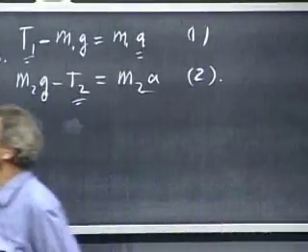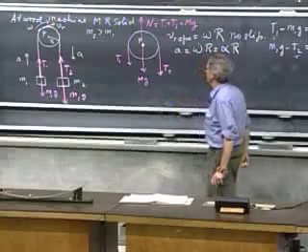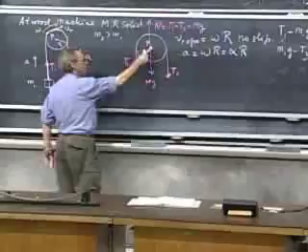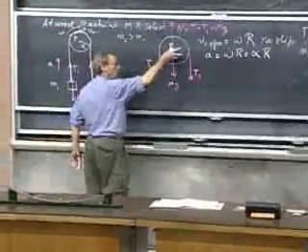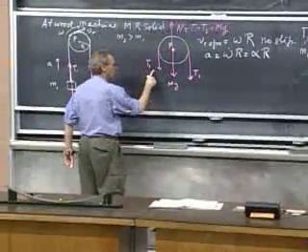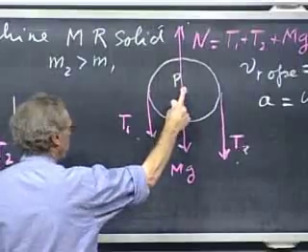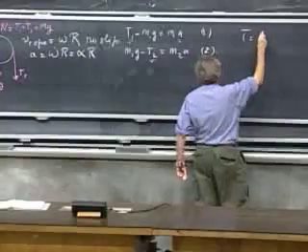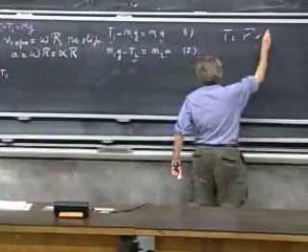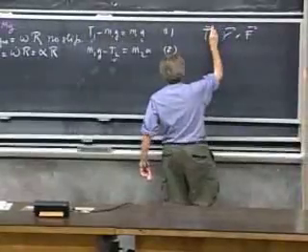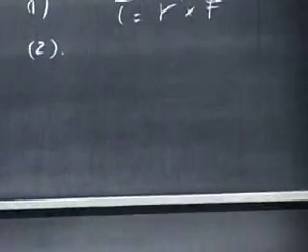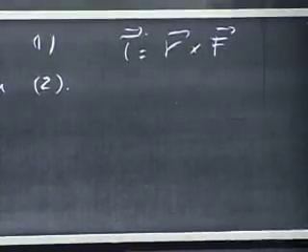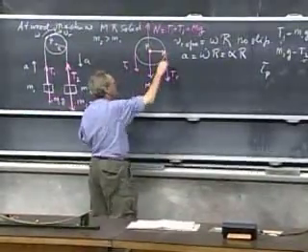I also have to think about the pulley. The pulley, the net force on the pulley is 0. That's why this stays in place, but it's going to rotate, because this force, T2, is larger than this T1. There is a torque relative to that point, P, and torque is defined as R cross F. But the torque relative to point P, the magnitude, is this position vector times this force.